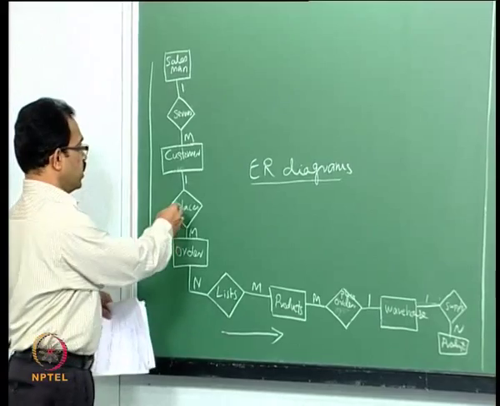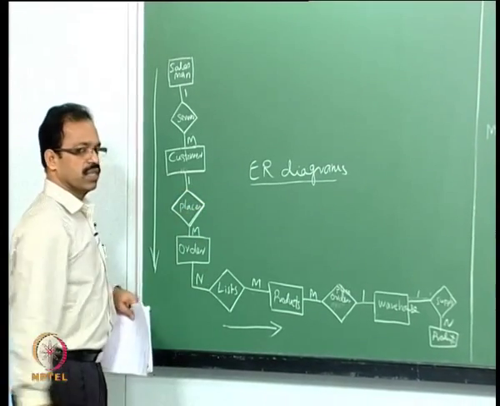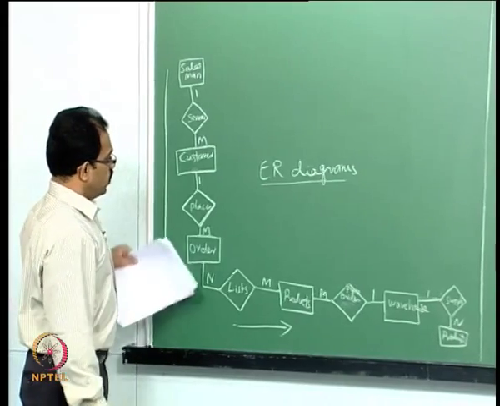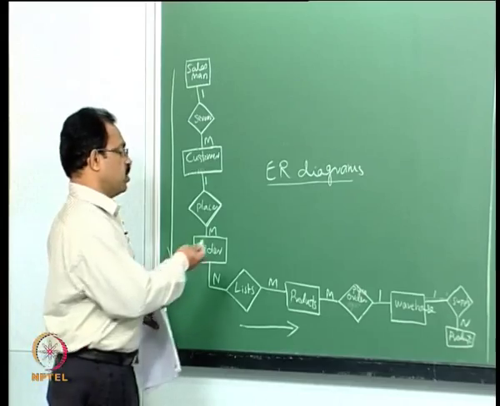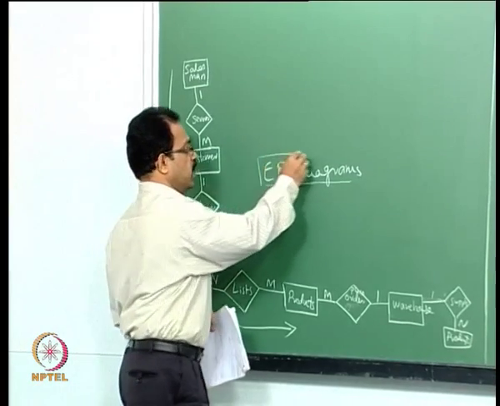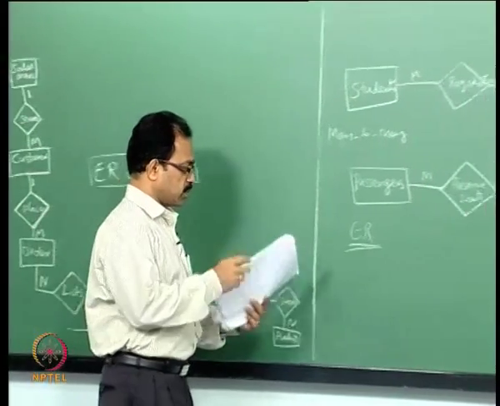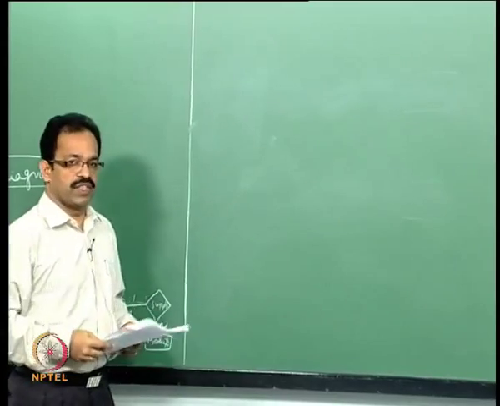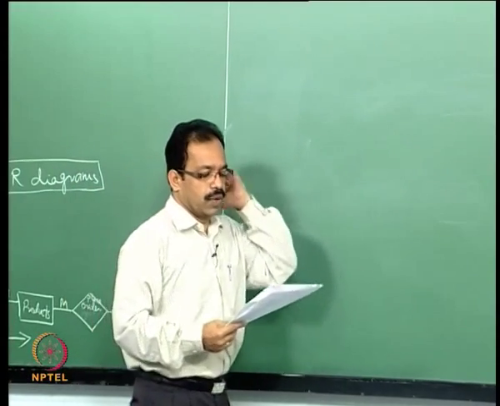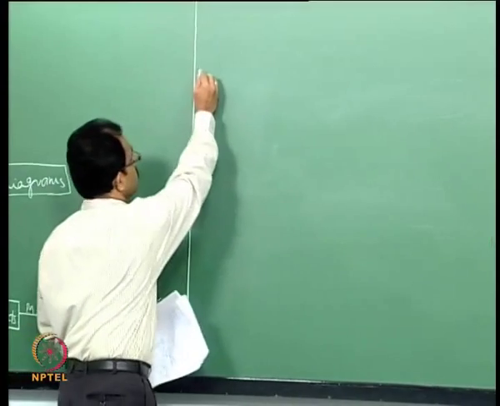Instead of showing all the relationships in the diamond boxes, we will try to represent them using directed arrows, and when we do this we will be getting the complex ER diagrams which can represent many complex relationships between the entities. So, let us look at one of the complex ER diagrams. In a complex ER diagram, what we try to do is to represent the class or subclass relationship.